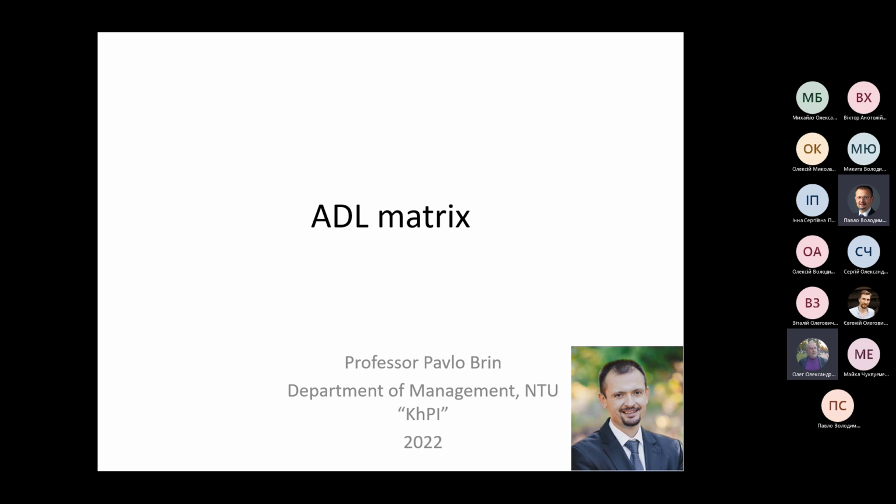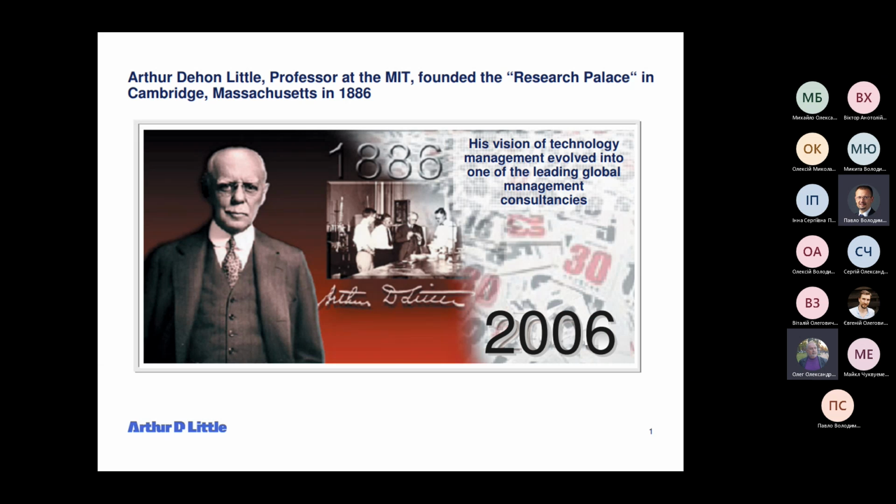So the next matrix was created by the Arthur D. Little company. Just a little bit of history, as is usual. This consulting agency was created by one professor, Arthur Don Little. He was a professor from MIT. It is the best university in the world.